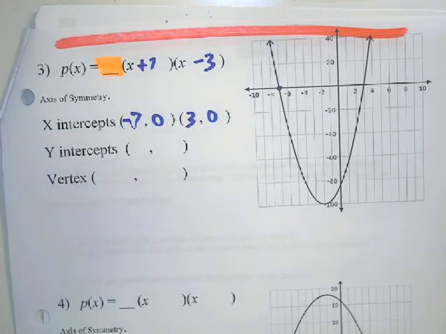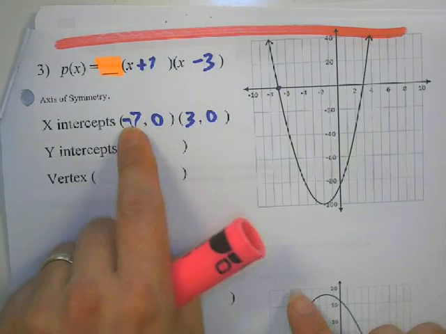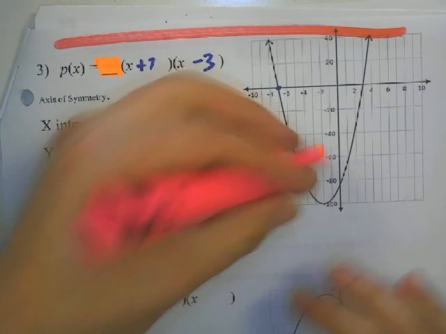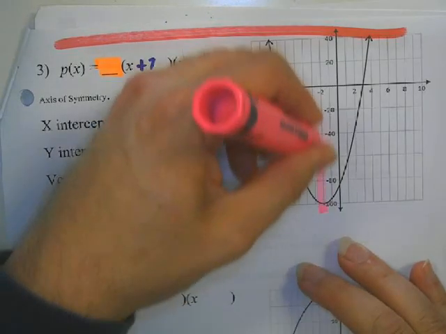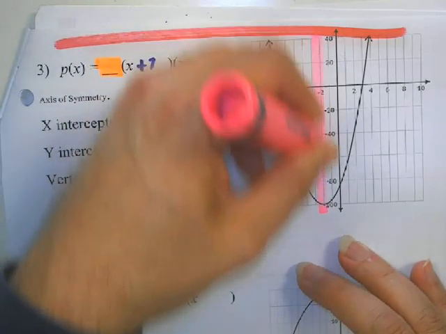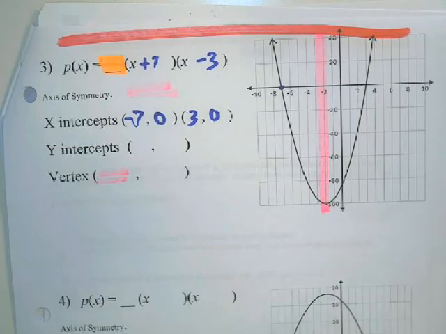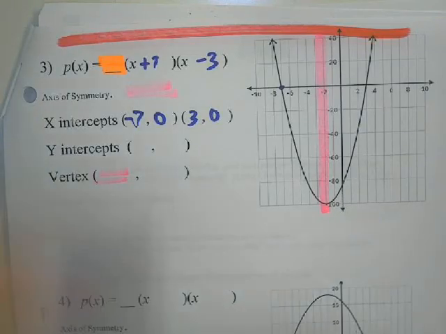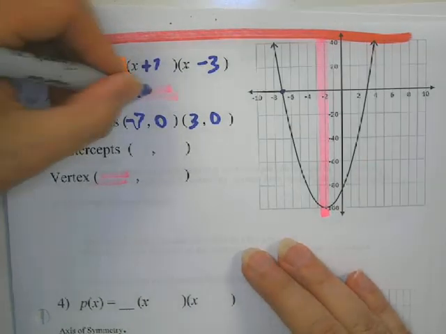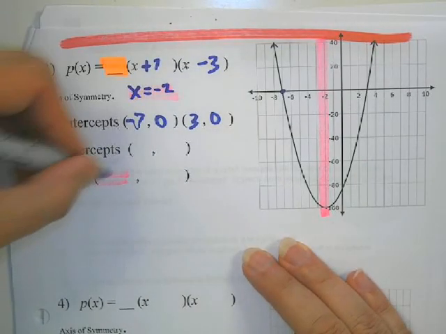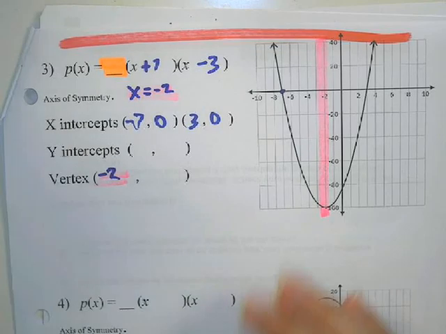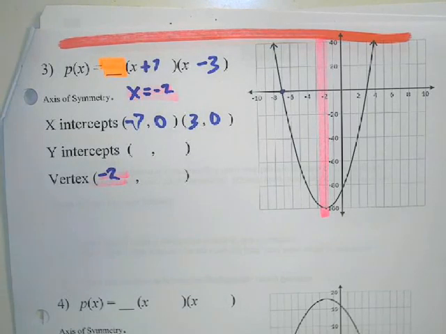Okay, so halfway between negative 7 and 3 is negative 2. X equals negative 2. Y-intercept, we can't really see what this number is.